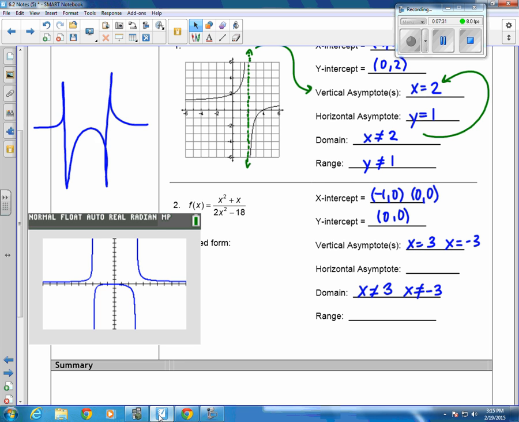A horizontal line that the graph approaches, the value of y or f of x as x approaches positive or negative infinity. Okay, that's good. So notice it said the value of f of x, or y, as x approaches infinity or negative infinity. So in other words, what's y when x gets big or small?